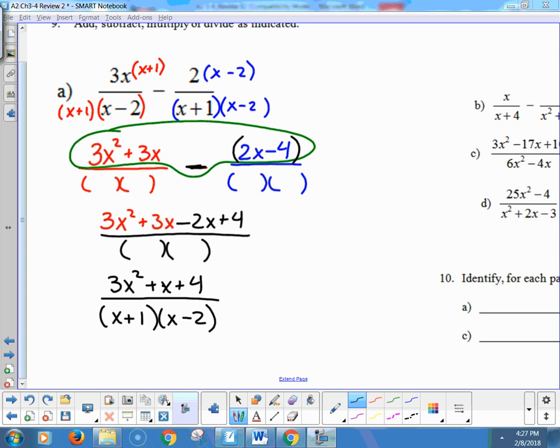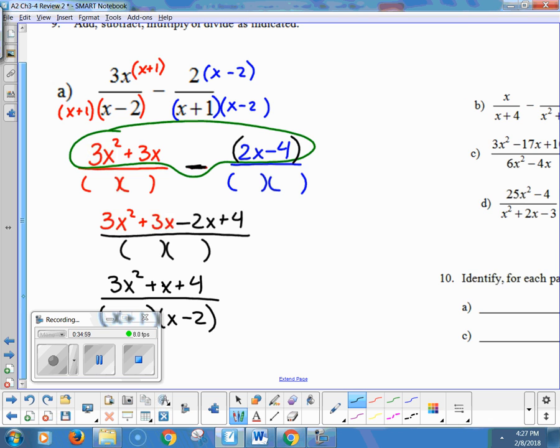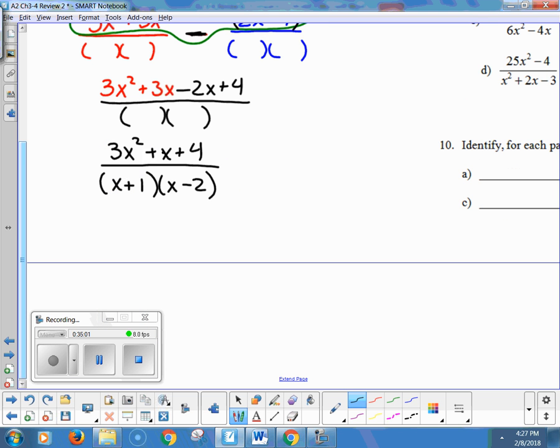And it would be a wise thing to check and make sure that the top, the numerator, does not factor. So let's see, I could try to factor. It's going to be 3x and x. And 4 is either going to be 4 and 1 or 2 and 2. But I don't think any way that I slice it I can get a positive 1 in the middle, because these guys are going to have to be either both positive or both negative.